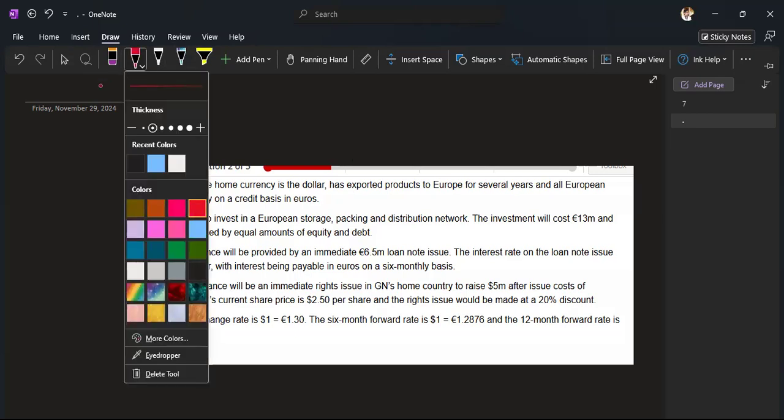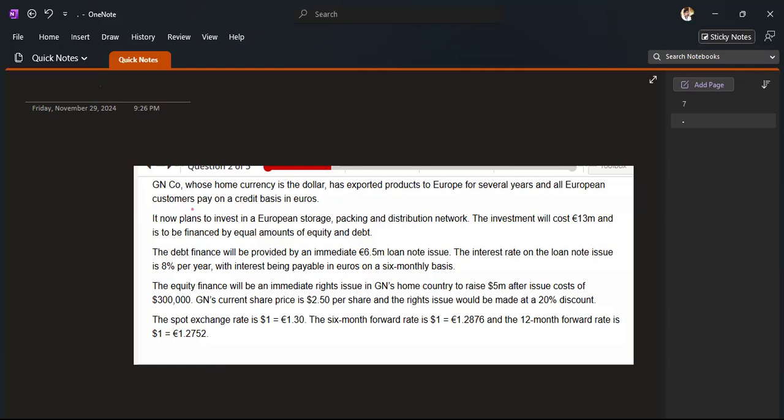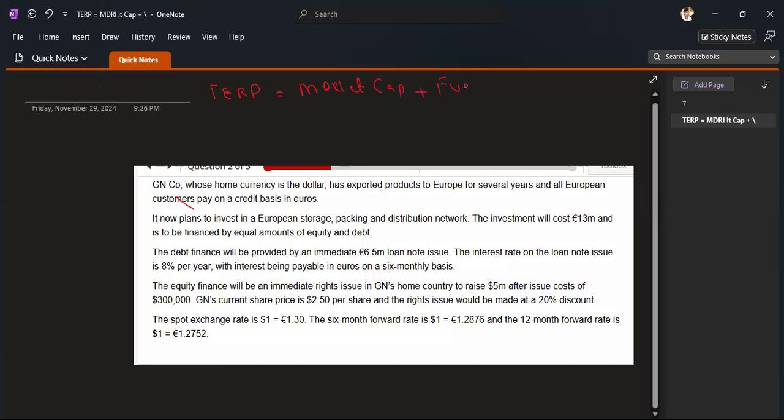Guys, do you remember the theoretical ex-rights price has a formula: market capitalization plus fund raised, divided by total number of shares. And I am hopeful that everybody has the know-how.